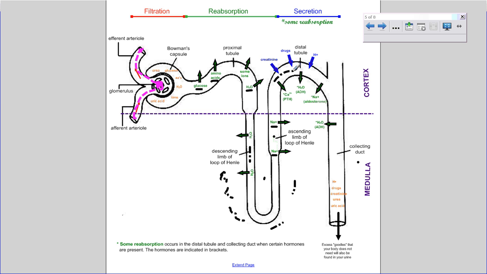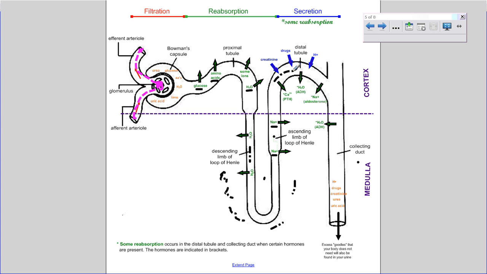So what happens in the cortex? Well, what happens in the distal tubule? This is the last section. I don't know if you remember the little demo that we did in class, but it's that last chance before we get rid of the wastes and stuff. It's the last chance to add any more waste that we couldn't filter out. Okay, so this process is called secretion or tubular secretion.